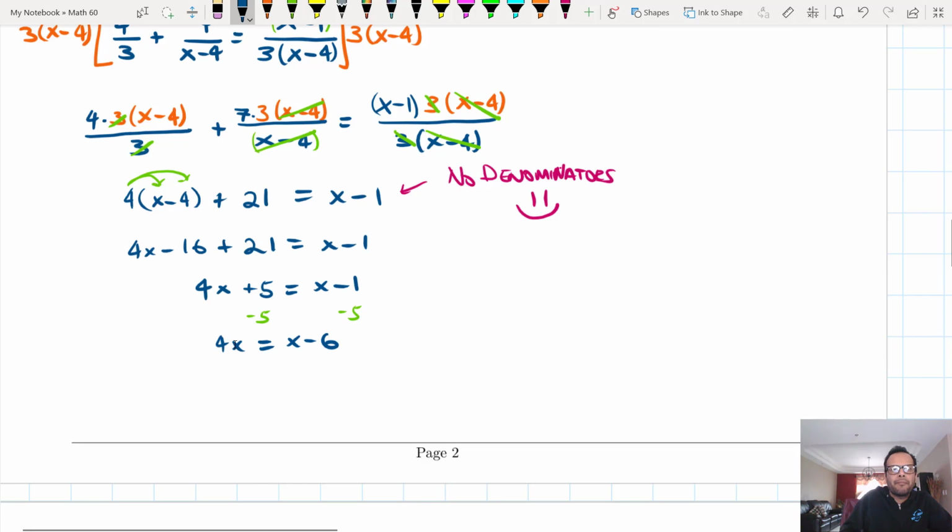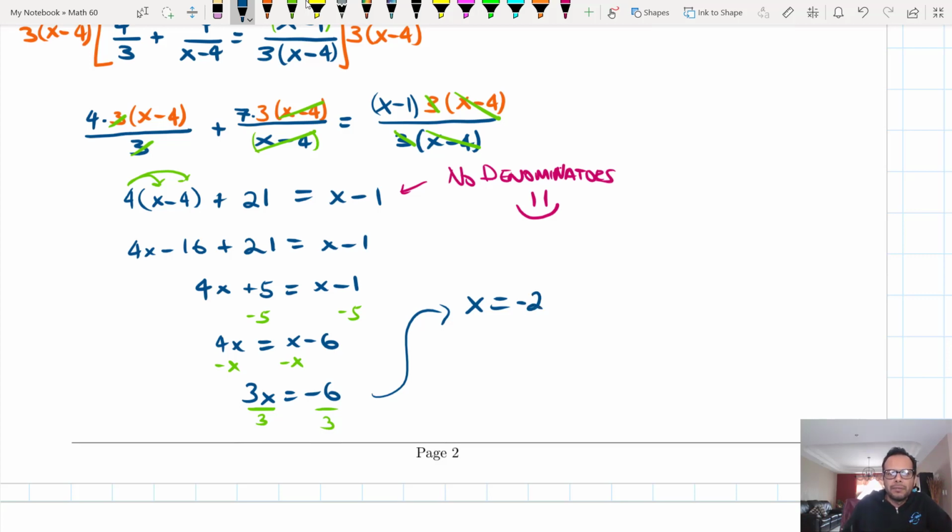And then let's subtract x on both sides, giving us a 3x on the left hand side and a negative 6 on the right hand side. Finally, the very last step to get this equation solved would be to divide both sides by 3, giving us x equals the quantity negative 6 divided by 3, that will be negative 2.